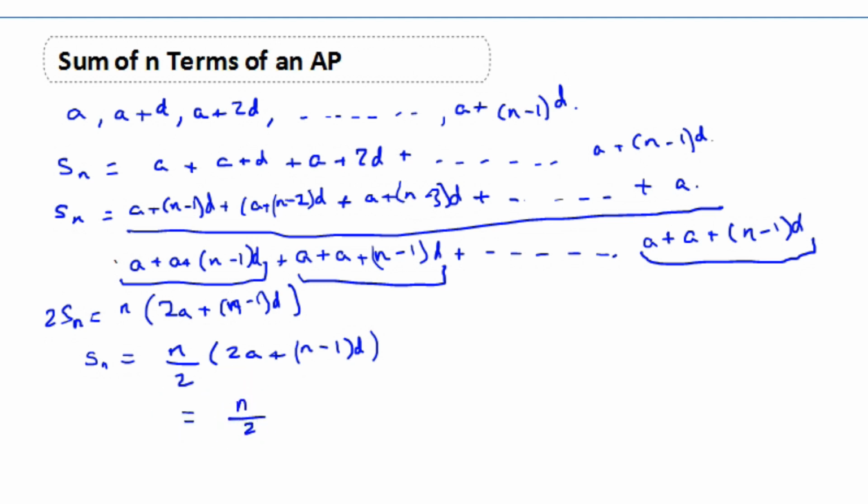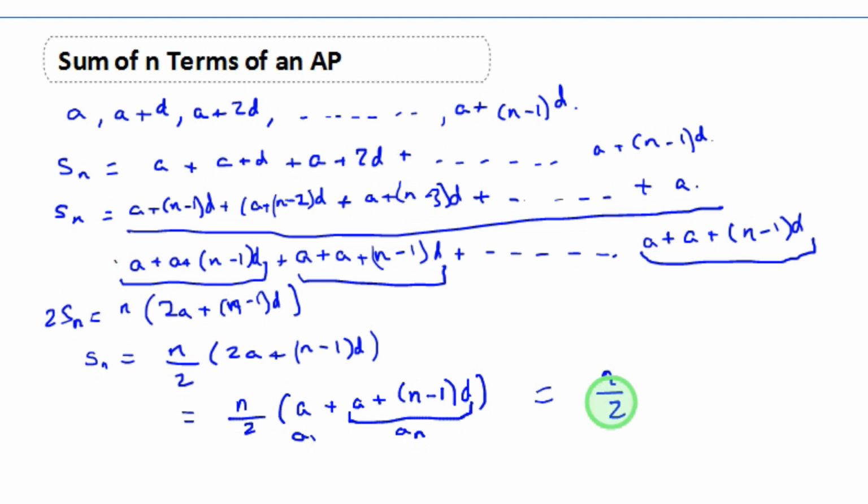Well, we can always write it again as n over 2 times (a plus (n minus 1) times d). And you know that a plus (n minus 1) times d is nothing but the last term, and a is nothing but the first term. So we get the same thing, that it's n over 2 multiplied by the sum of the first term and the last term. So that's the formula.